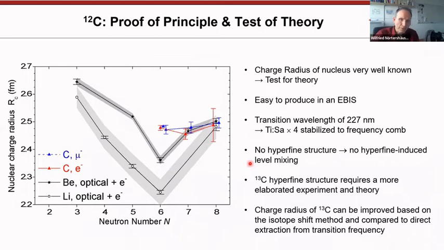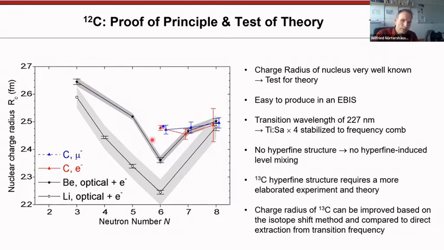Now, we started with carbon, actually. Carbon is an ideal test candidate because we have very nice reference radii for carbon-12, shown here as well, from elastic electron scattering as well as from ionic atoms, and they agree quite nicely. And we also have measurements on carbon-13 and carbon-14 from both techniques.